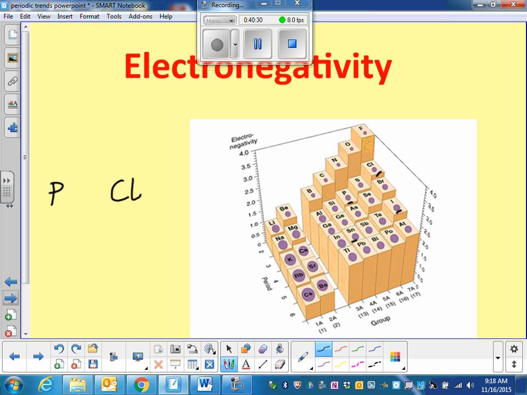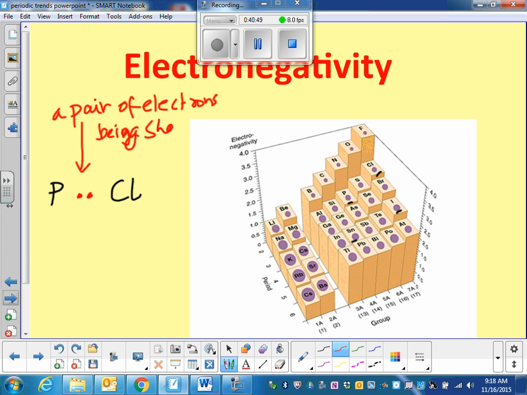So there is a pair of electrons that are being shared. But the problem is they are not equally shared.